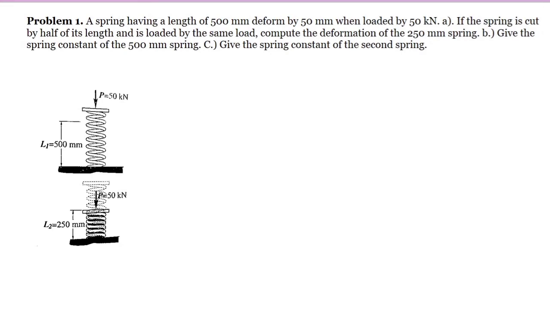So, for situation A, we are asked to compute the deformation of the second spring. From the formula of the deformation, we have the deformation δ1 equal to PL over AE. This deformation is due to the applied load, and the deformation is 50 mm.